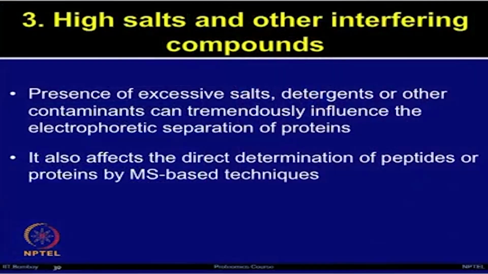It also affects the direct determination of proteins or peptides by mass spectrometry based techniques. So, regardless of whether you use a gel-based or gel-free method, you have to ensure that the overall salt component is removed efficiently from the serum or plasma.